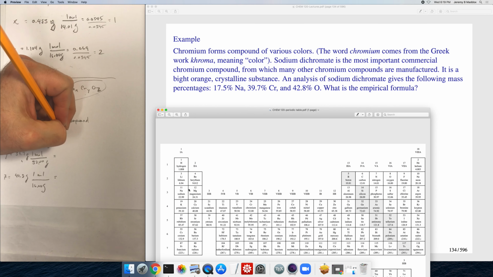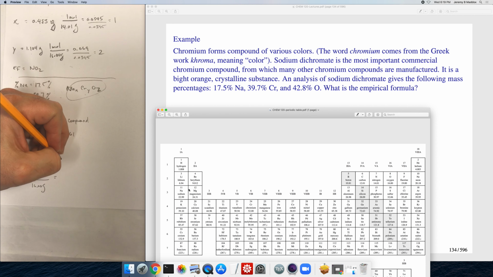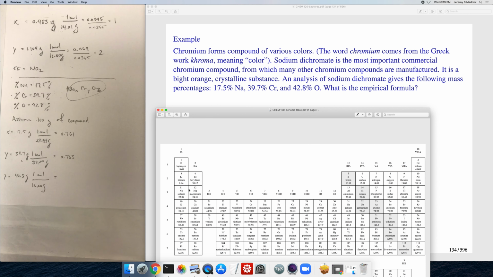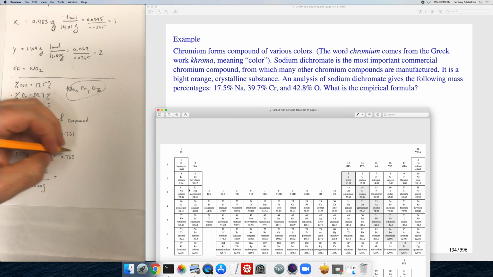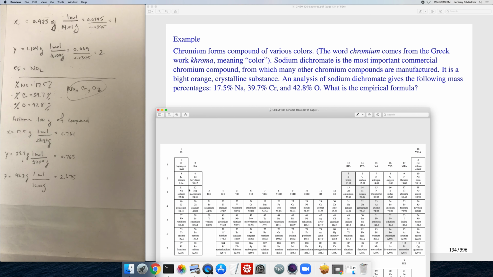So that's what I'm getting for the sodium. That's for the chromium. And here's what I'm getting for the oxygen.